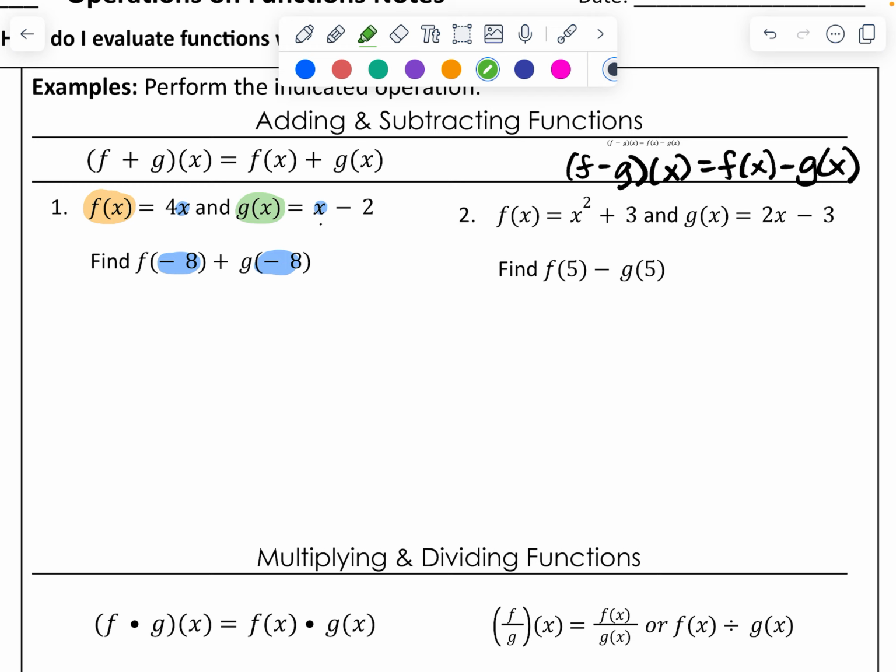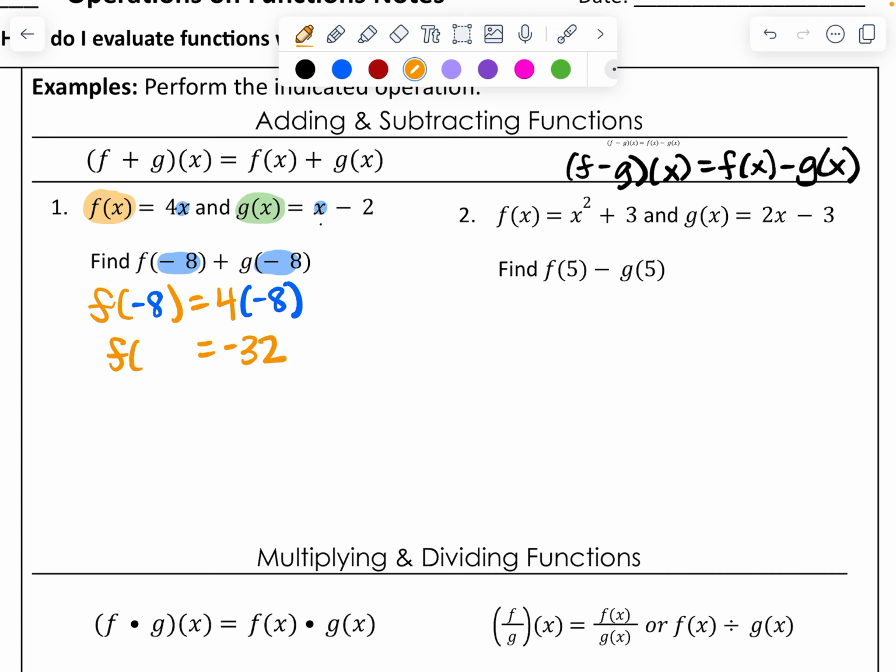So first, let's evaluate f of x. So, f of negative 8 equals 4 times negative 8. 4 times negative 8 is negative 32.